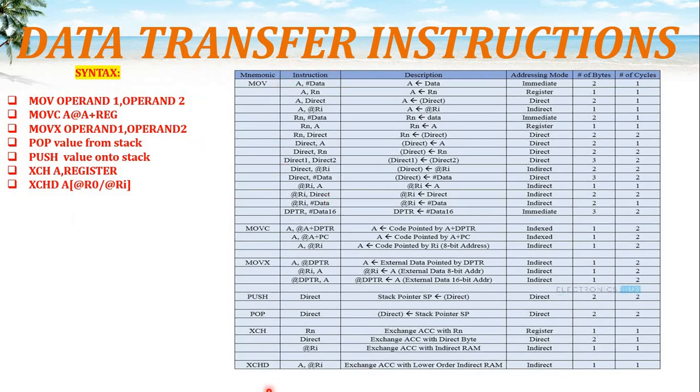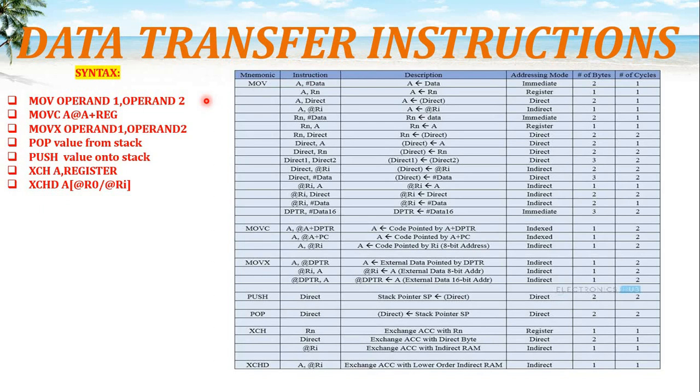Before writing these instructions, we need to know what syntax we are following in an instruction set. Because syntax is nothing but a formula. We need to write those instructions in that particular pattern only. Without following this pattern, if I write an instruction in a general way or in my own way, the 8051 microcontroller will not accept it.